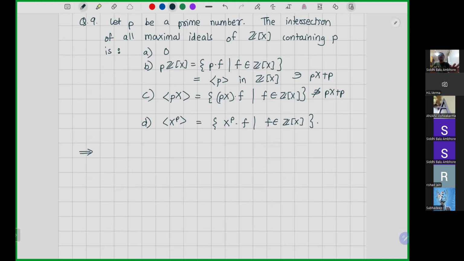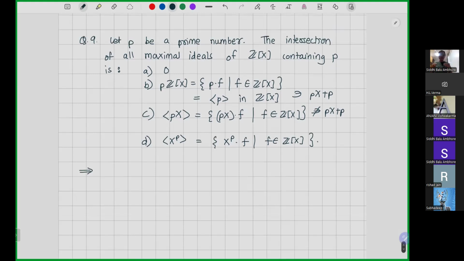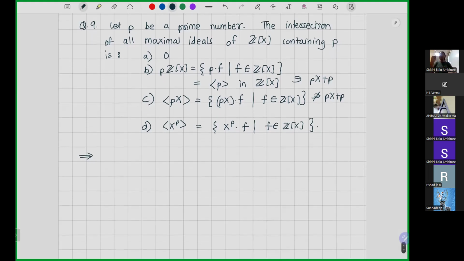C and D are not. Can you give me an example which does not belong to C and which does not belong to D? Clearly P itself. We are talking about the intersection of maximal ideals containing P. So B is true, correct. As suggested, B is correct. Now that B is correct, we have to get rid of the rest three.